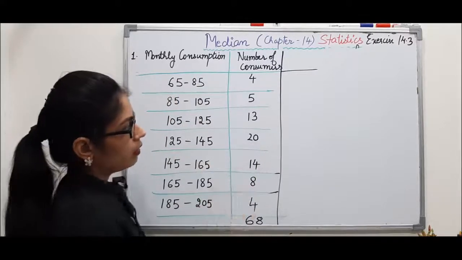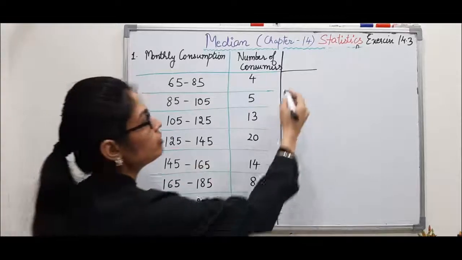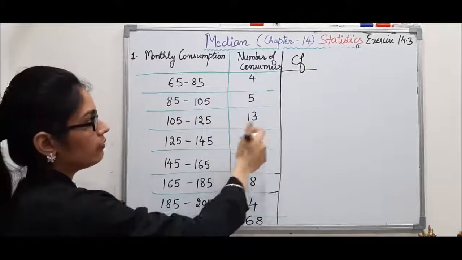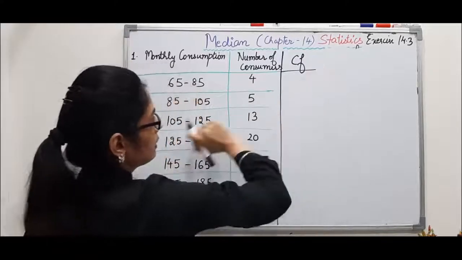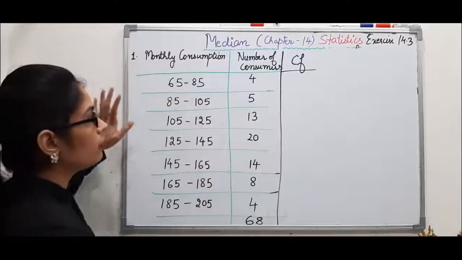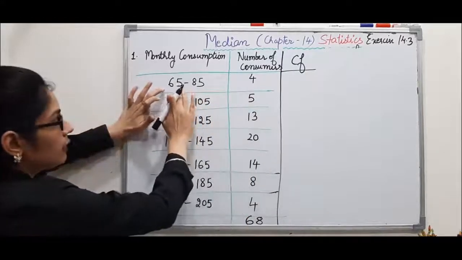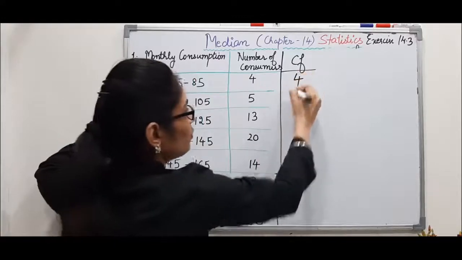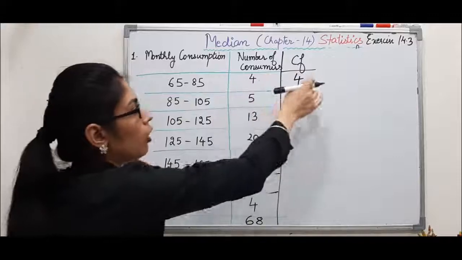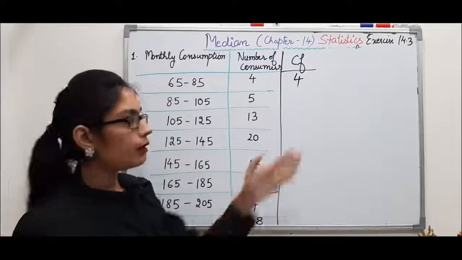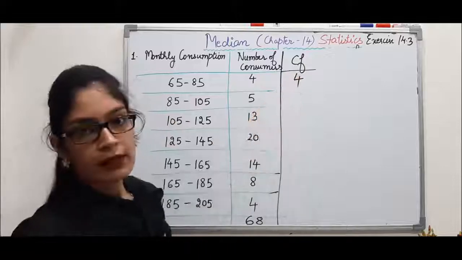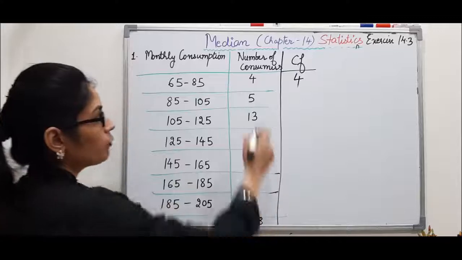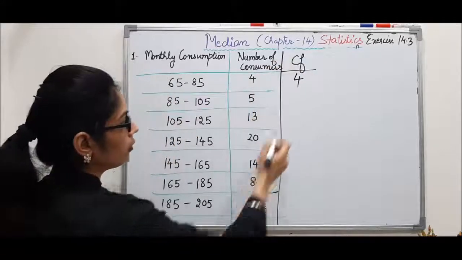Here one new thing we have learned is cumulative frequency. I told you that while doing the question I will explain what cumulative frequency is. Cumulative frequency means total frequency. For the interval 65 to 85, your total frequency is 4. The first frequency will always remain the same when writing cumulative frequencies, so I have written 4 here also.